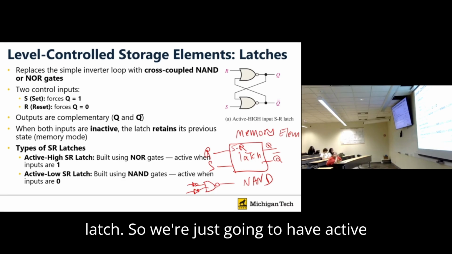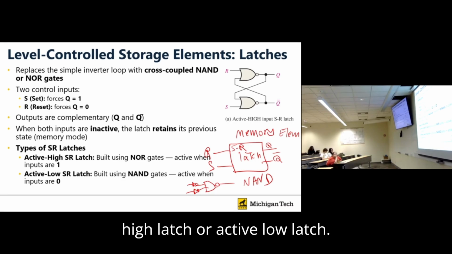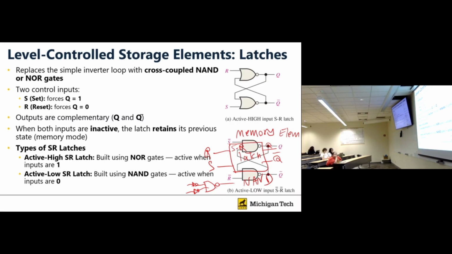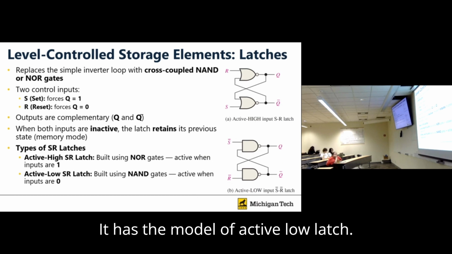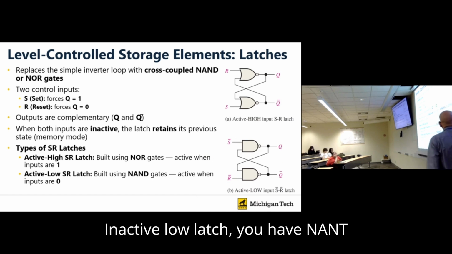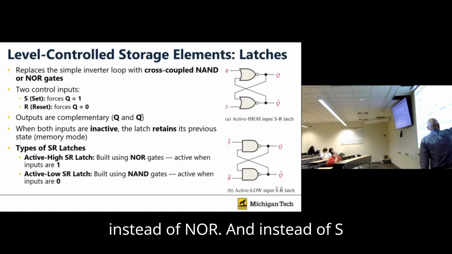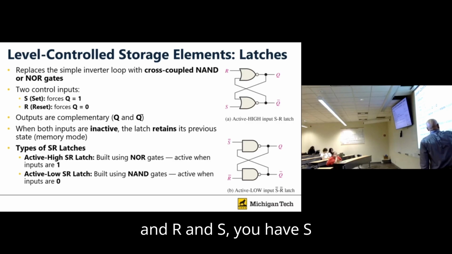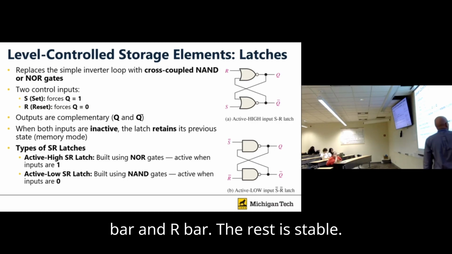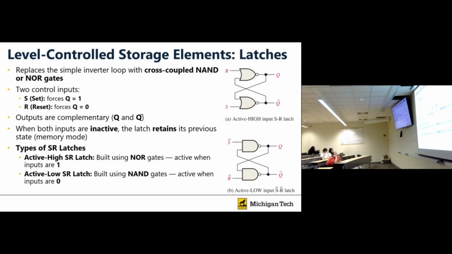So we're just going to have an active high latch or an active low latch. That's the model of the active low latch. In the active low latch, you have NAND instead of NOR, and instead of S and R, you have S bar and R bar. The rest is the same.